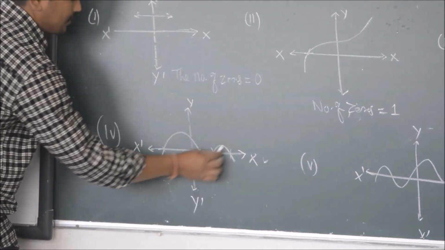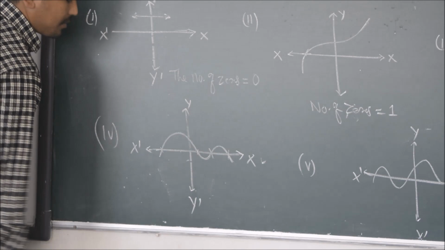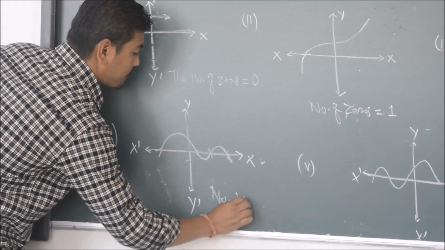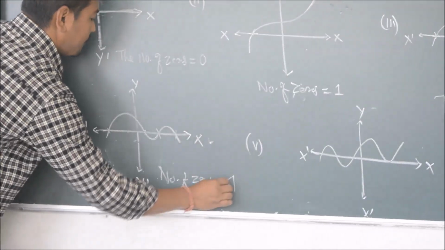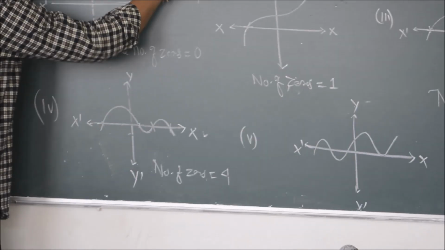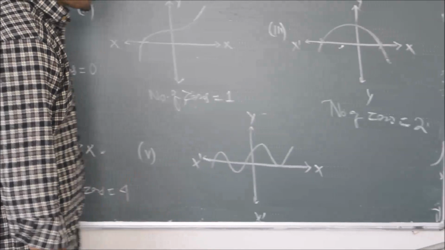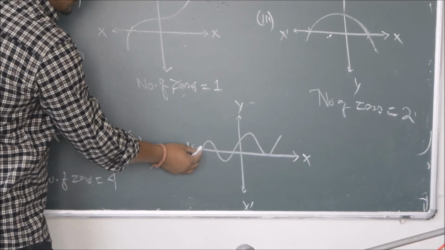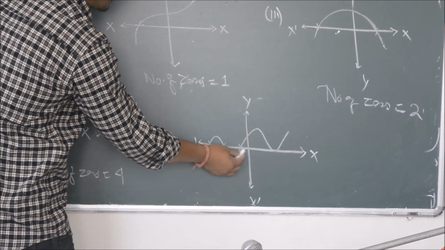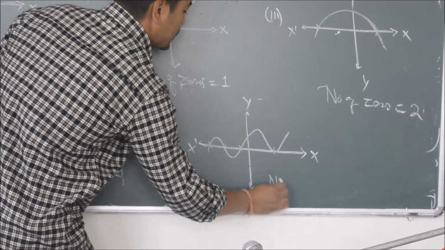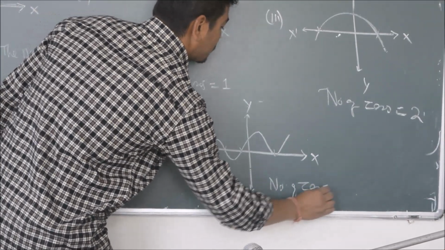So this graph of the polynomial cuts the x-axis 4 times, so the number of zeros is 4. Last one: 1 time, 2 times, 3 times, 4 times. Yes, again it also has number of zeros 4.